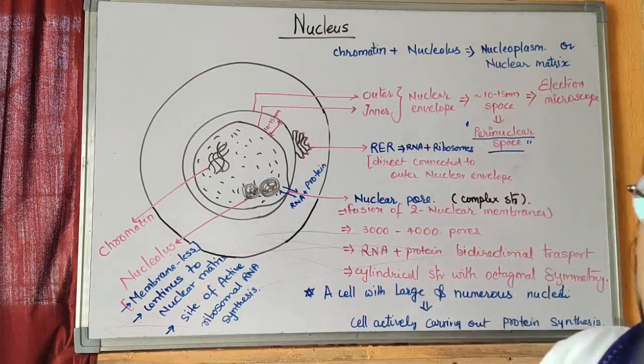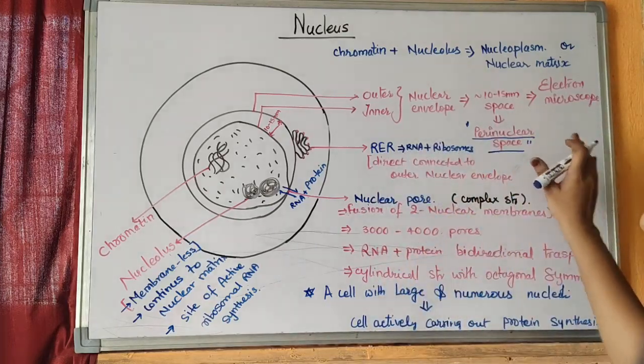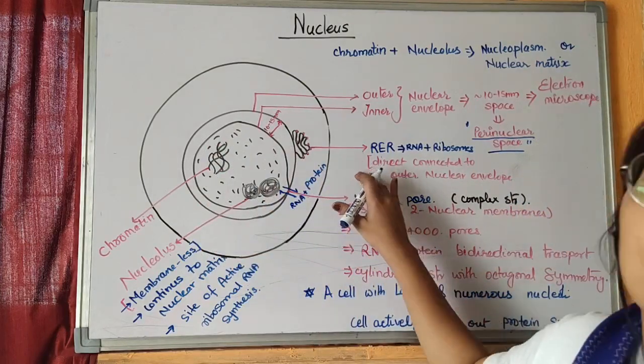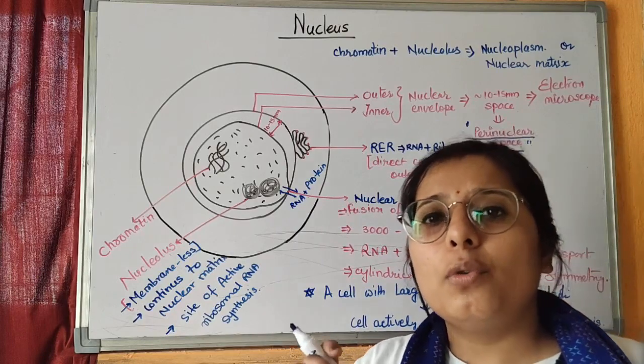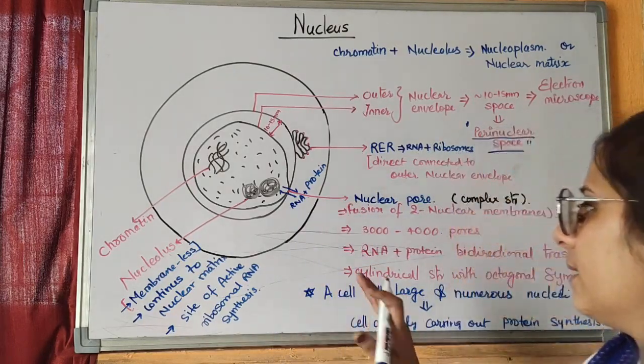This space was discovered through electron microscopy. The outer nuclear envelope is continuous with the rough endoplasmic reticulum that has ribosomes over its surface, and it is very actively involved in protein synthesis.